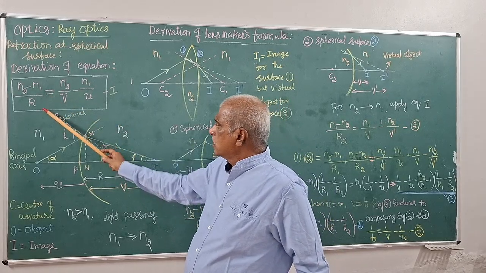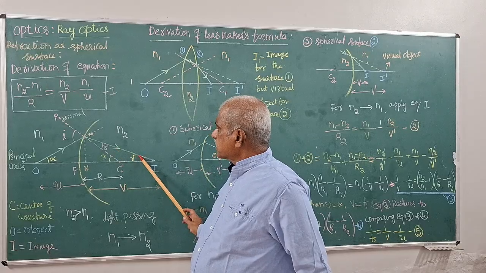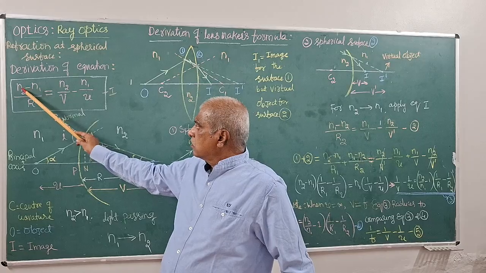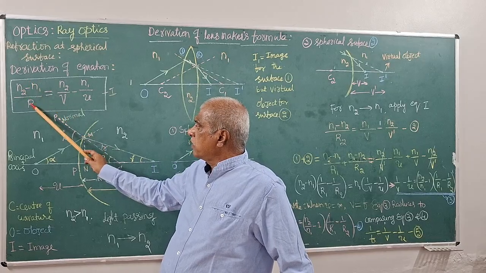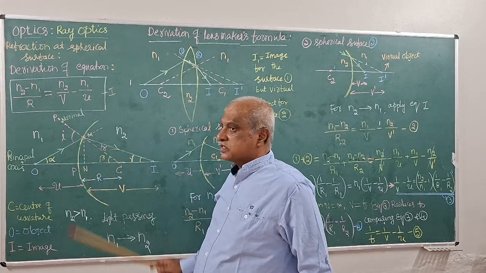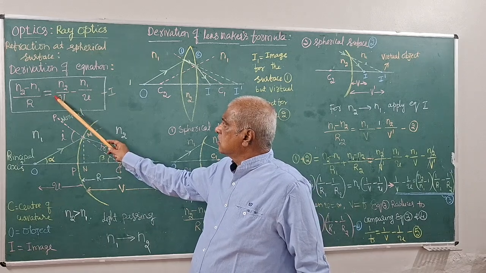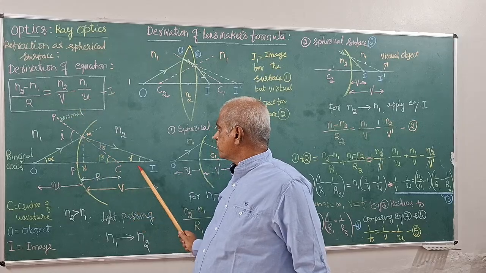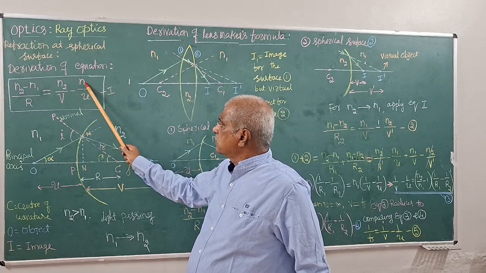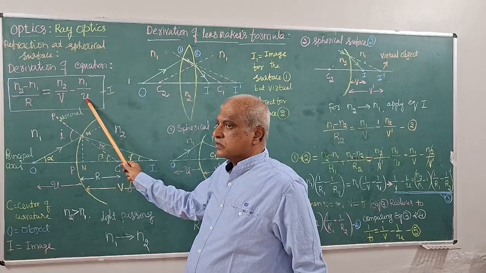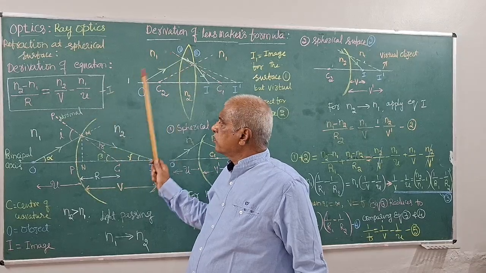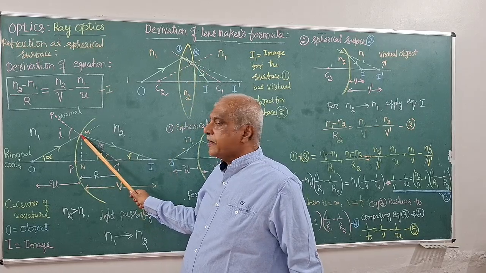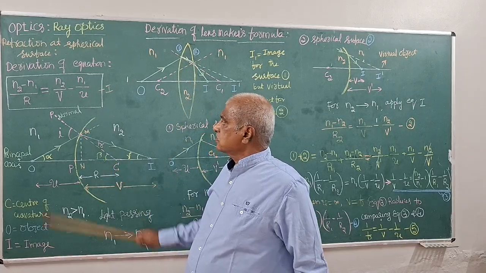Final value minus initial value of N, divided by R, the radius of curvature, equals N2 final value divided by image distance minus initial value divided by the object distance. This we have to remember, and the technique is very important to apply at any point of refraction.